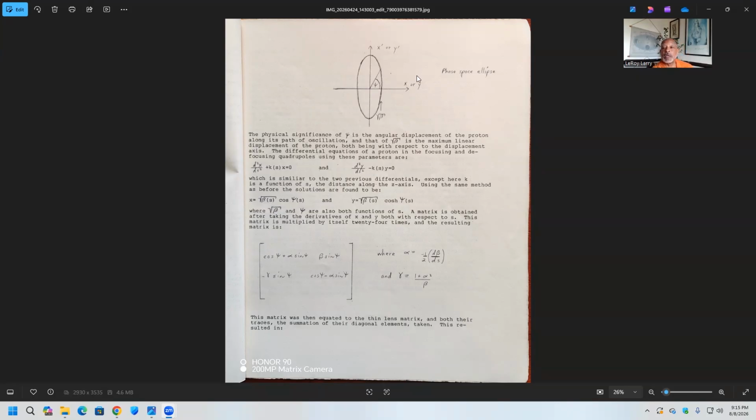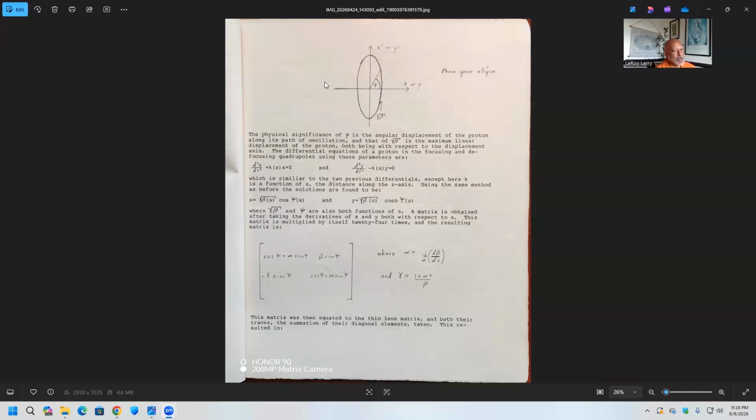Okay, so now, again, we're going to switch coordinates from the force constant K and the length of the quadrupole magnet, but with the thin lens approximation, we're going to switch coordinates to this phi angle and this amplitude beta. And we're going to get a new set of equations of motion, okay?